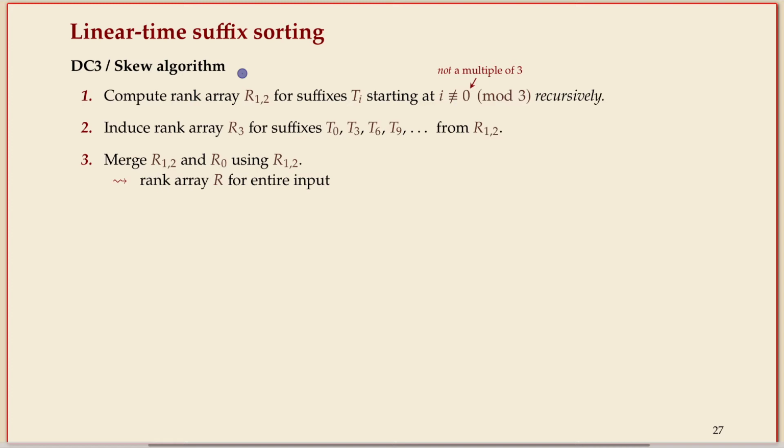It's a recursive algorithm, and it does 3 simple steps. And that together will sort the problem. Remember, we're sorting. It's all about sorting the suffixes. What we'll do is we first recursively sort 2/3 of the suffixes. And which ones? Well, we sort those that start at positions 1 and 2.